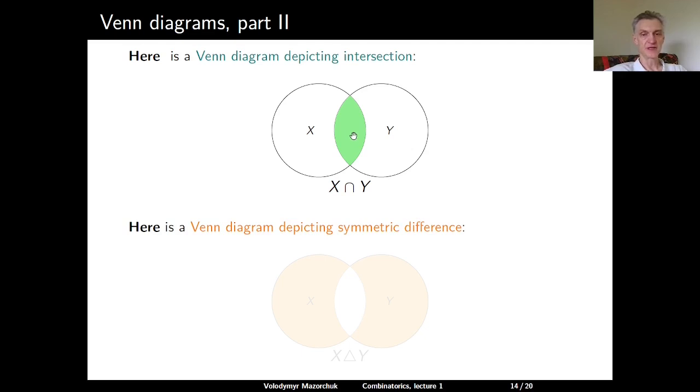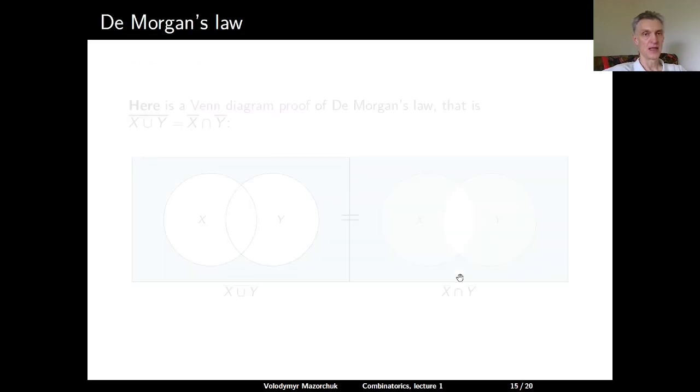So that's a Venn diagram depicting the symmetric difference, X delta Y. Again, we have the circle for X and the circle for Y. We take the union, which is depicted by both circles, and then we take out the common part. And what remains is exactly the symmetric difference X delta Y. The union of X minus Y here and Y minus X here.